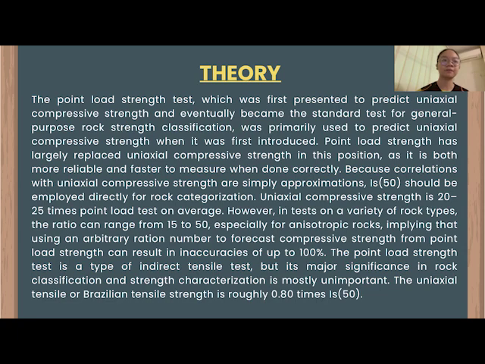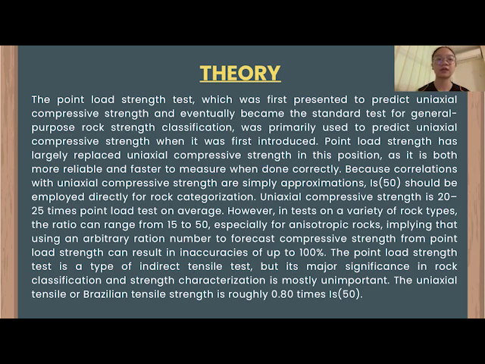For the theory, the point load strength test was first presented to predict uniaxial compressive strength and eventually became the standard test for general purpose rock strength classification. It was primarily used to predict uniaxial compressive strength when it was first introduced.